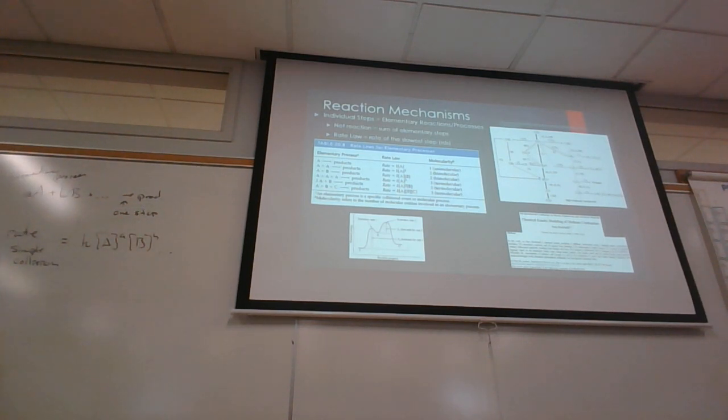But in general, we can't do that. In general, if we have a reaction, we don't know if it's one step or multiple steps. So if I had aA plus bB plus ... goes to product, I don't know how many steps there are. How many steps?